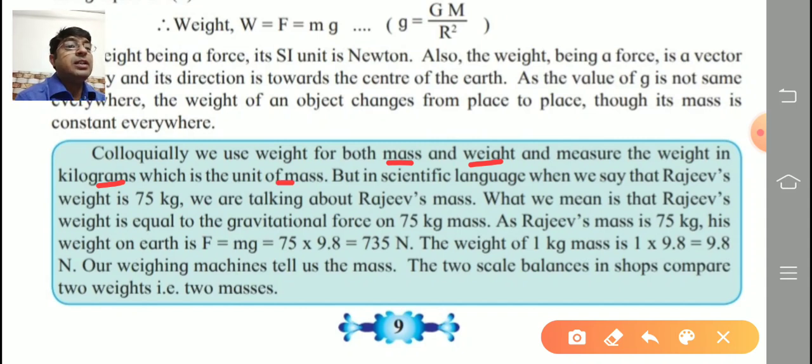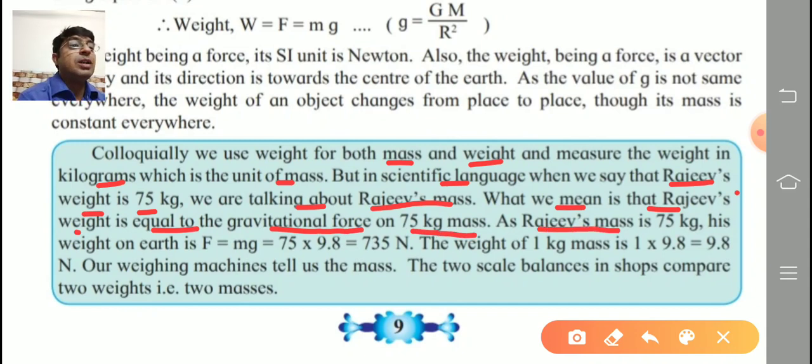But in scientific language, when we say that Rajiv's weight is 75 kilogram, we are talking about Rajiv's mass, not his weight. What we mean is that Rajiv's weight is equal to the gravitational force on 75 kilogram mass.